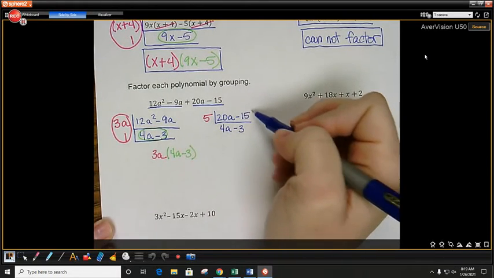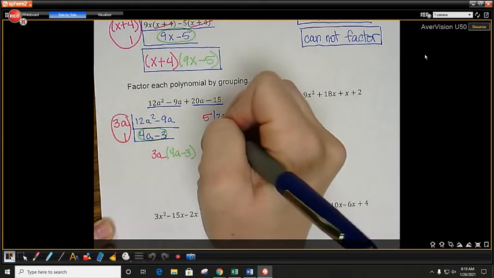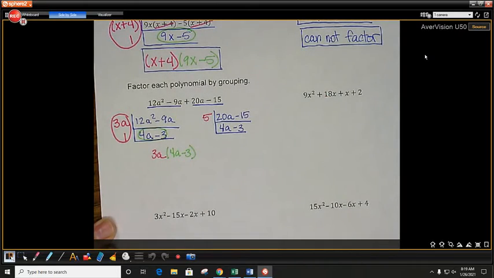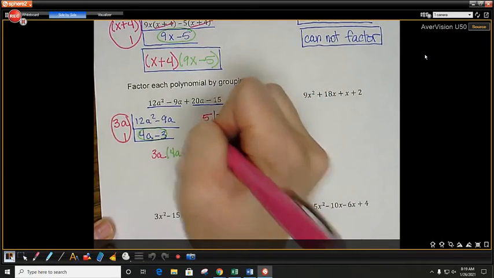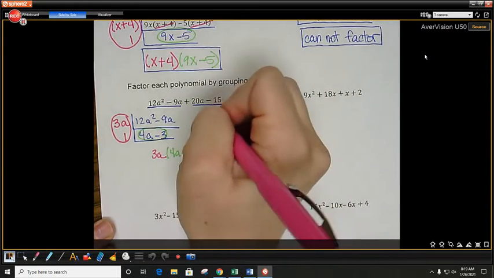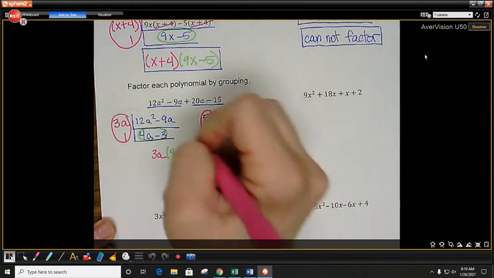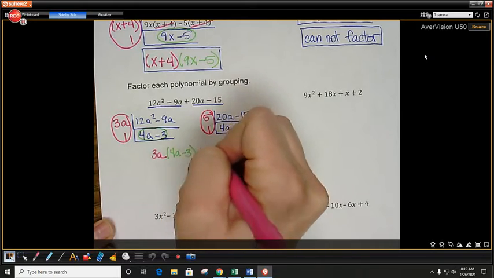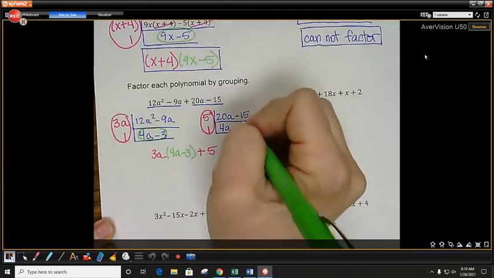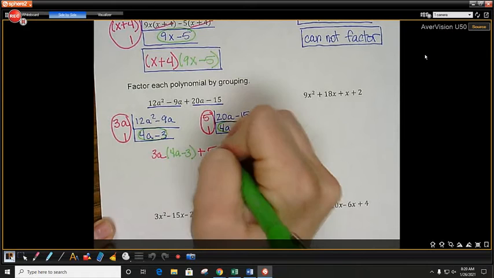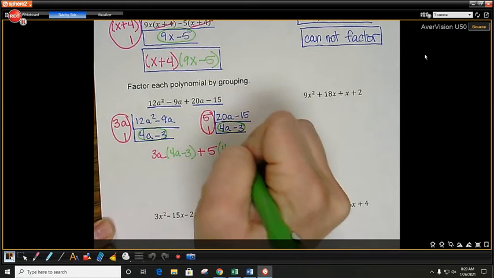I couldn't factor out an a because this 15 doesn't have an a. So there's nothing in common other than 1 with your 4a and your negative 3. So that's a positive 5. So I'm going to put plus 5 times the last row of my upside down division, 4a minus 3.